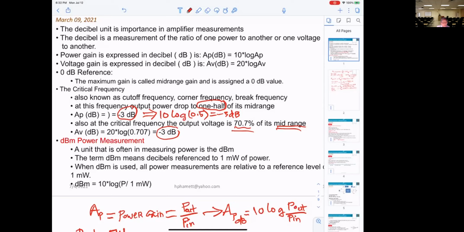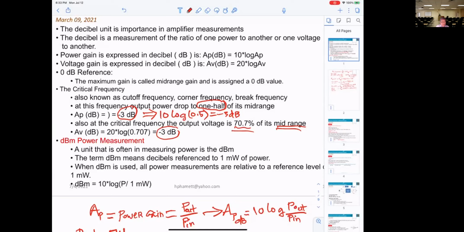Outside, you cannot see any dBm. On the power you measure, you can get watt, milliwatt, kilowatt, but you do not get dBm. dBm only happens while you're working in the circuitry or in the lab for communication.